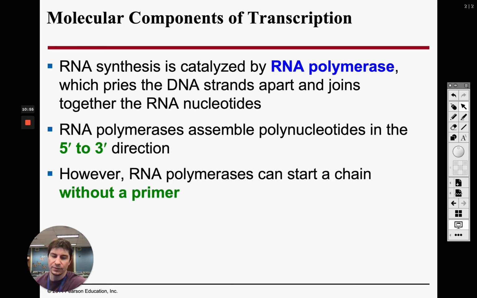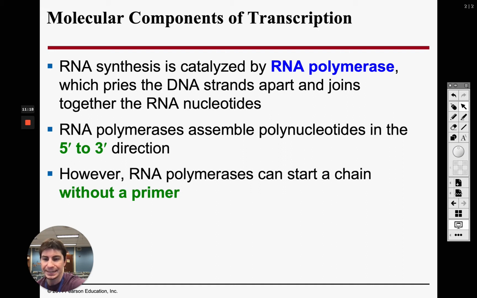So if you remember, we started off with our RNA primer, and then after that, we attached our DNA polymerase to it, and the DNA polymerase walked down the DNA and added new nucleotides to it, and it went 5' to 3'. For making our RNA, it's the same exact process with a very few differences.